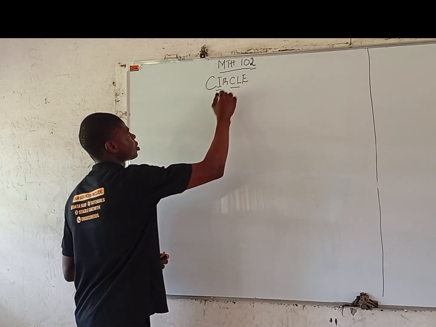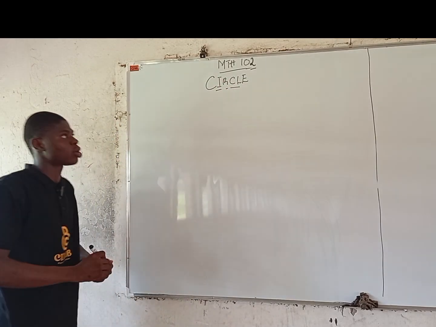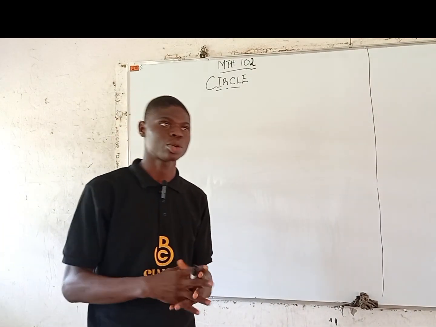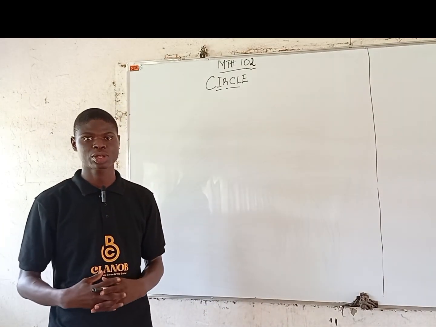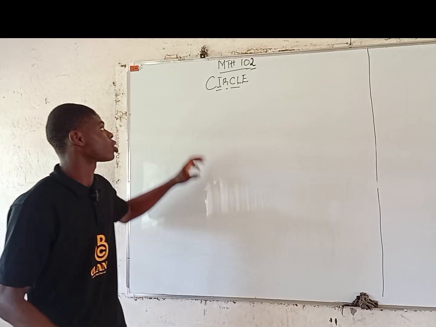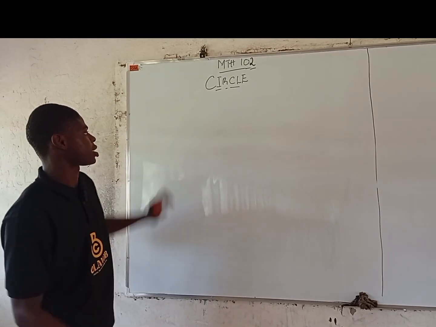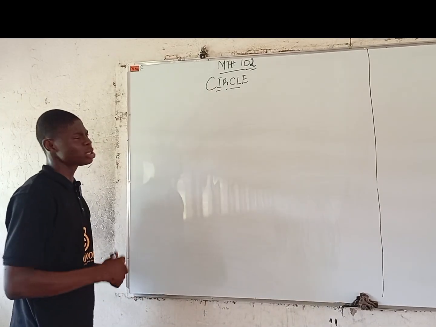Now, you've had this concept severally, and we want to look at it in a whole new dimension. And in the mathematical way today, we want to look at what the concept of a cycle is and all it entails. Now, what's a cycle?